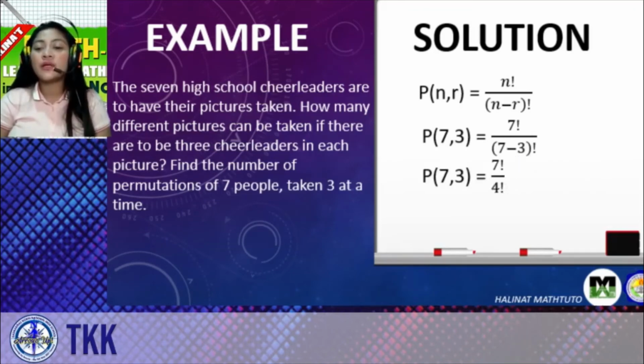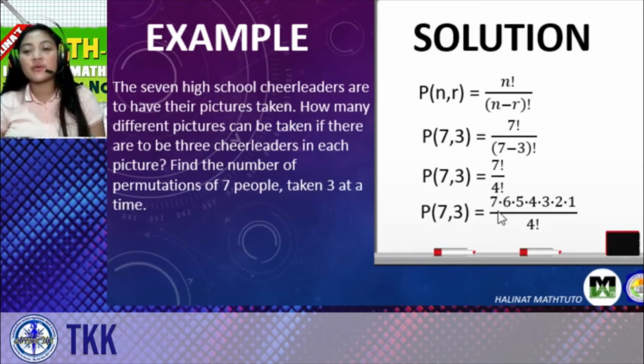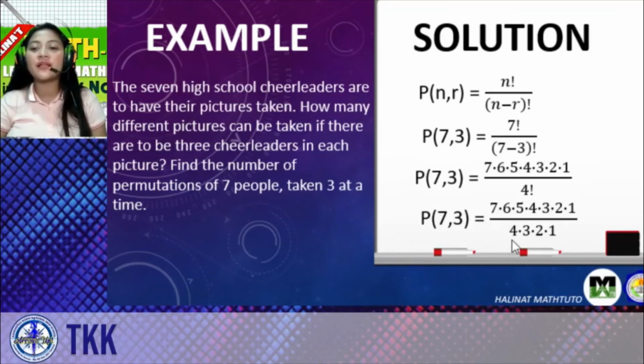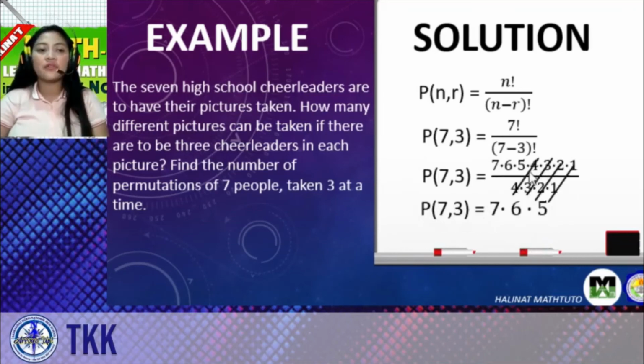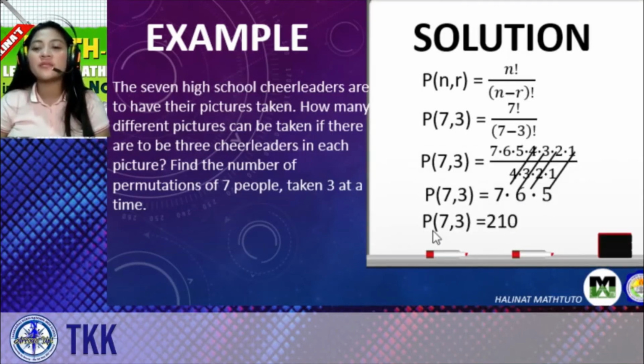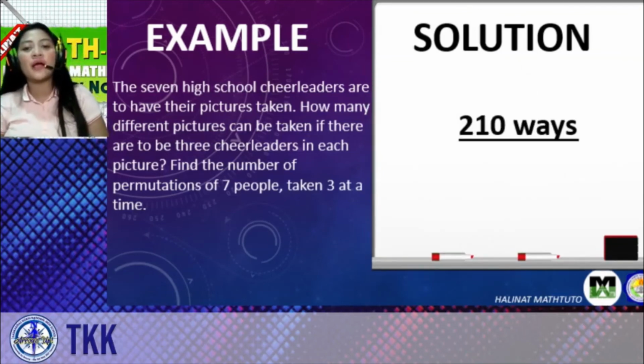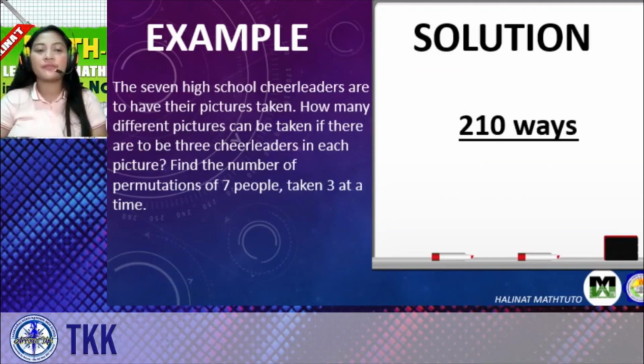That is equal to 7 factorial over 4 factorial. 7! is equal to 7 times 6 times 5 times 4 times 3 times 2 times 1, divided by 4!, and 4! is equal to 4 times 3 times 2 times 1. We will cancel out 4 times 3 times 2 times 1, and we will now have 7 times 6 times 5. Therefore, the permutation of 7 taken 3 at a time is 210, and there are 210 ways.